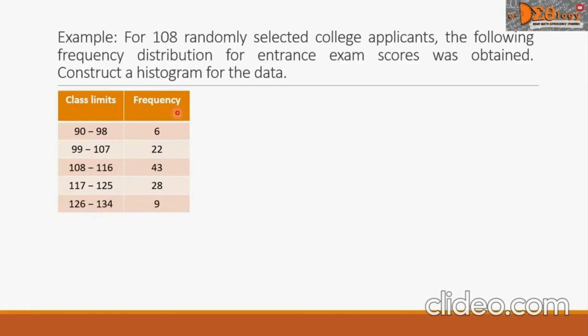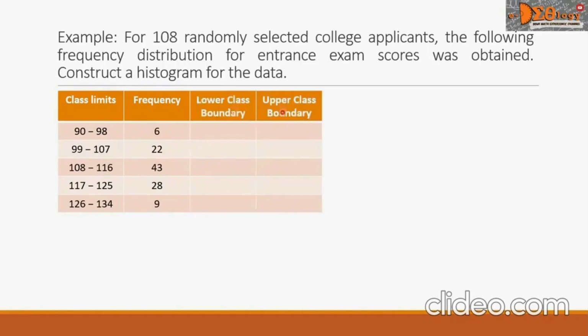The second column is for frequency. There are 6 observations for the first class interval: 22, 43, 28, and 9 for the other class intervals respectively.